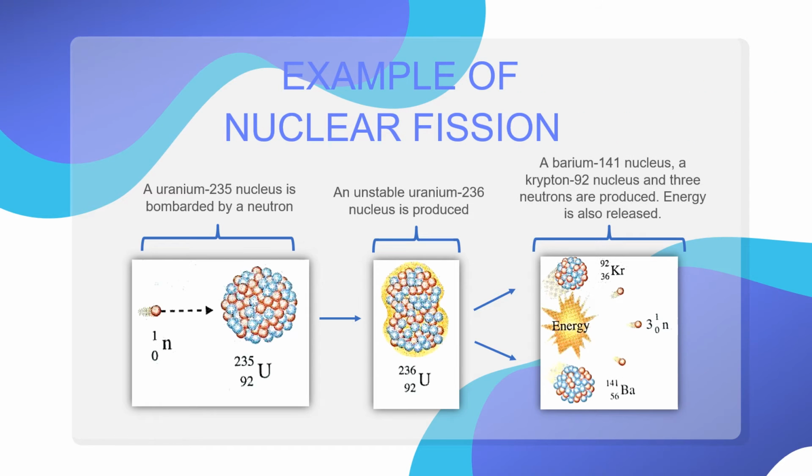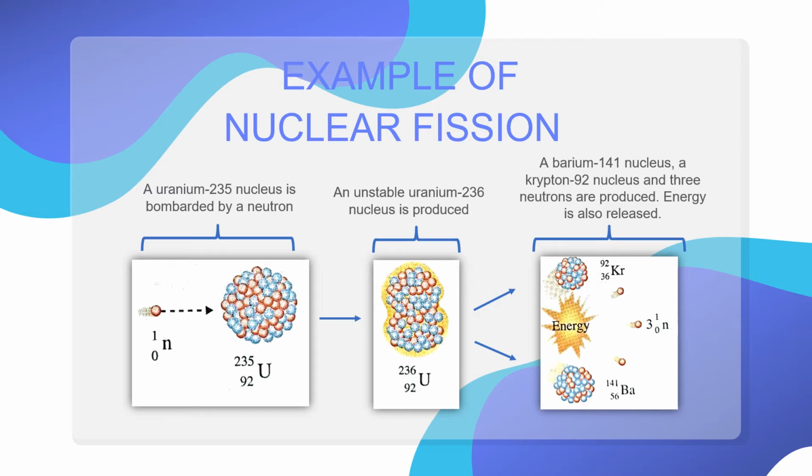Next, we are going to discuss the example of nuclear fission. Nuclear fission involves uranium-235 bombarded by a single neutron. In the first picture, a uranium-235 nucleus is bombarded by a neutron and becomes an unstable uranium-236 nucleus.